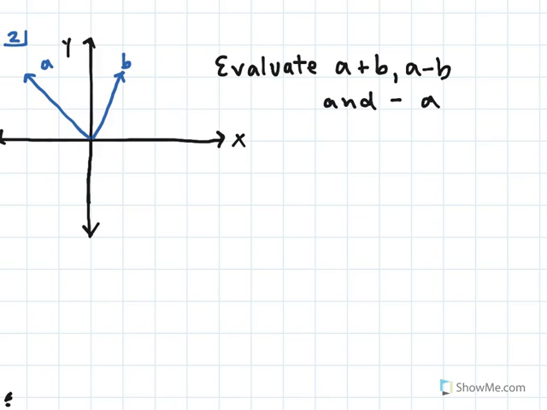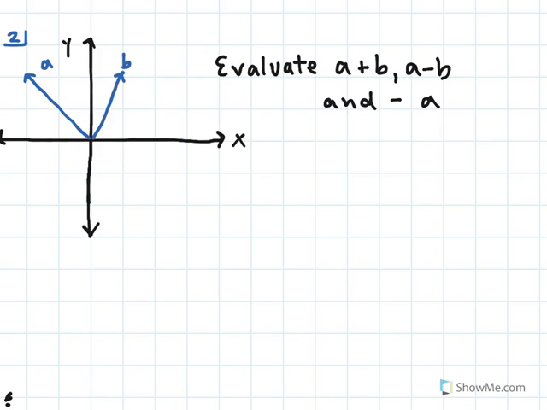So in this problem, we're given a graph of two vectors, and we're asked to evaluate A plus B, A minus B, and negative A. So remember that geometrically a vector is a directed line segment, but algebraically it's an ordered pair. So there's a horizontal component and there's a vertical component.